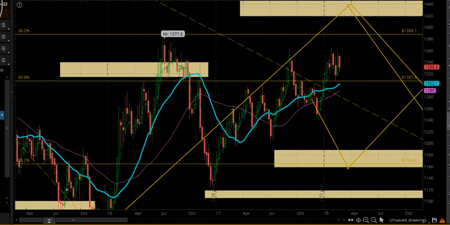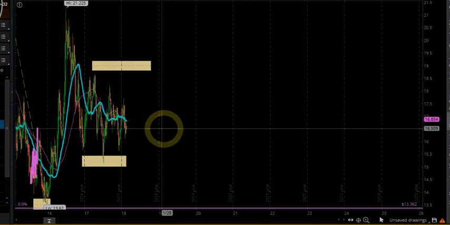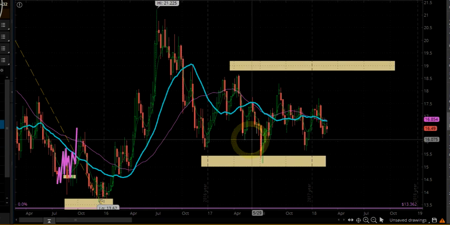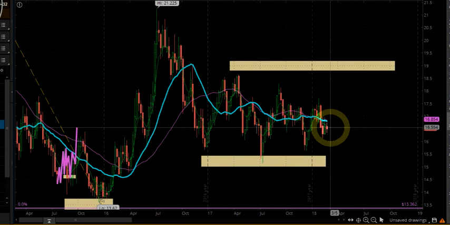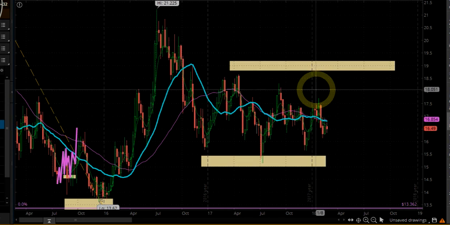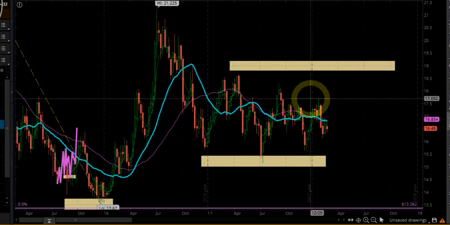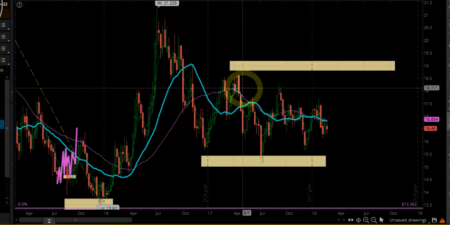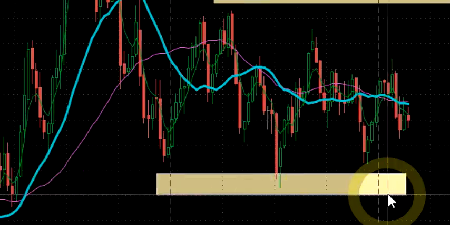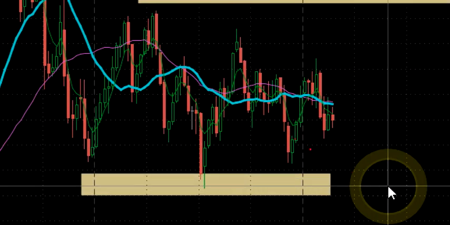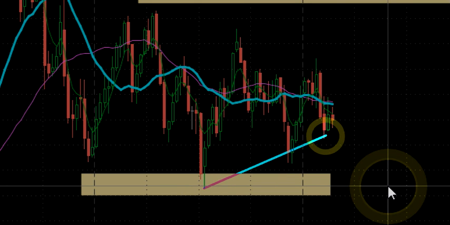So maybe that's the best way to talk about gold and silver. Same thing with silver. Although silver almost looks a little bit more complex, like a triangle, in which case it should break out soon. So you can kind of see a triangle here and here.